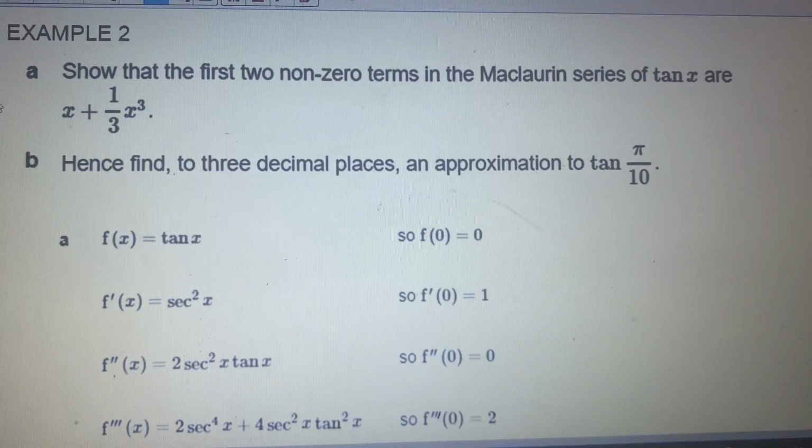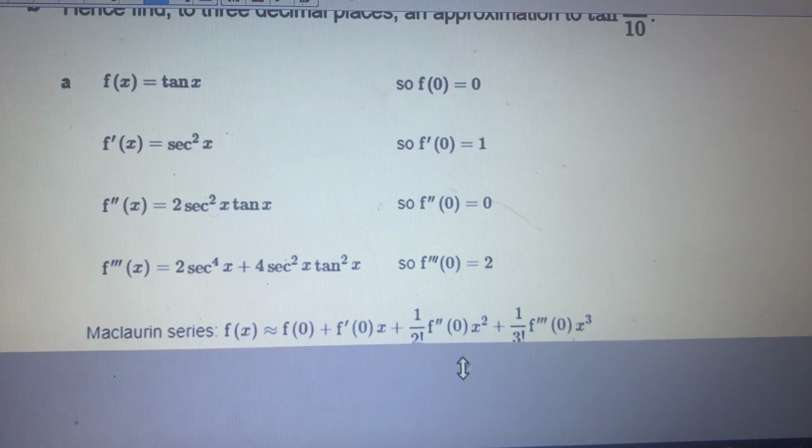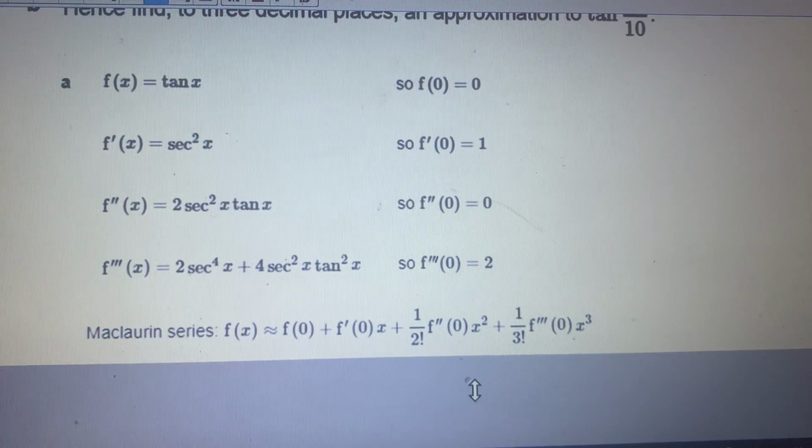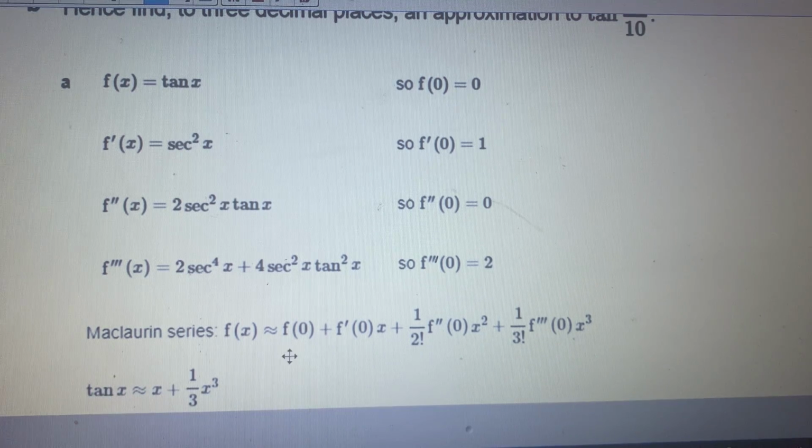And so what you're now going to do is you're going to get your formula for your Maclaurin series and substitute them in.